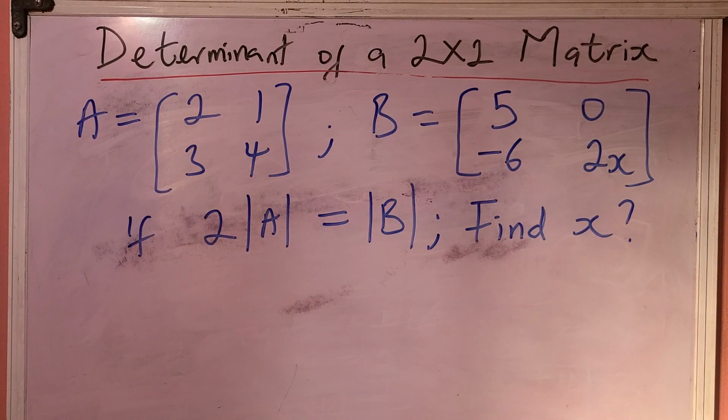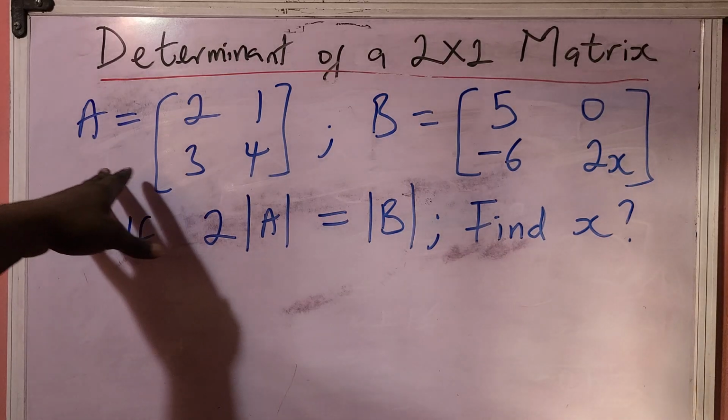All right, let's see another application of a 2x2 determinant. Now, you can pause this video right here and try to attempt this question. All right, you can drop your answer in the comment section. Looking at what we have right here, this is a question you have to study carefully.